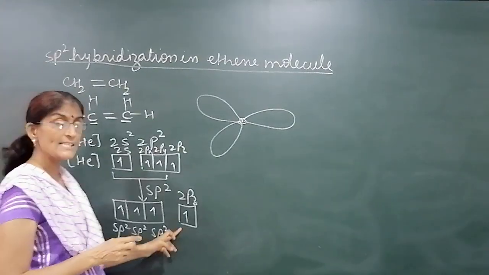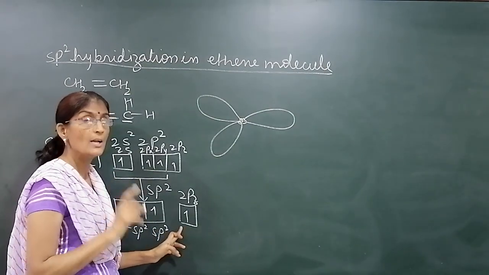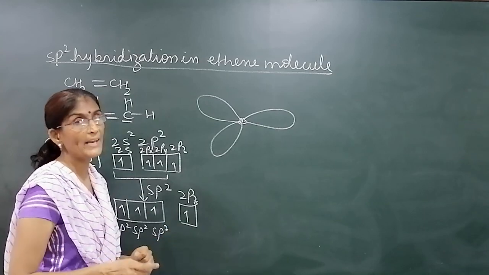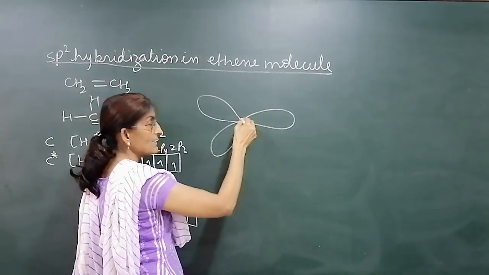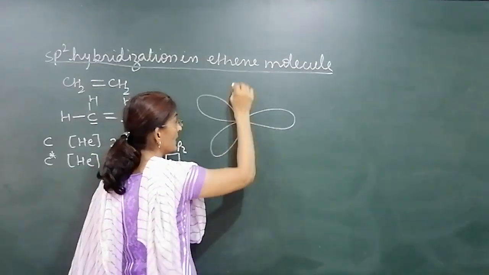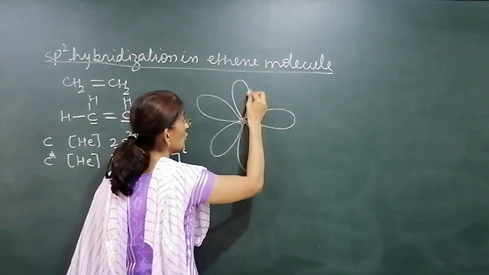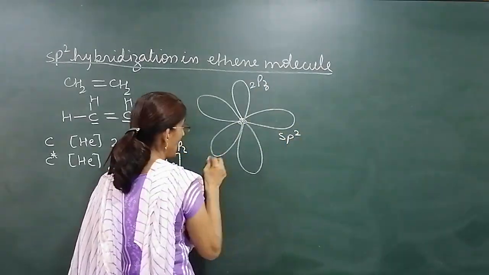Now what about this pz orbital? It is atomic orbital. It won't take part in hybridization. It will lie perpendicular to the plane. This is the plane of these 3 hybrid orbitals. Pz will lie like this. This way we cannot draw perpendicular to plane, so we will draw like this. This is 2pz orbital. These are sp2 hybrid orbitals.